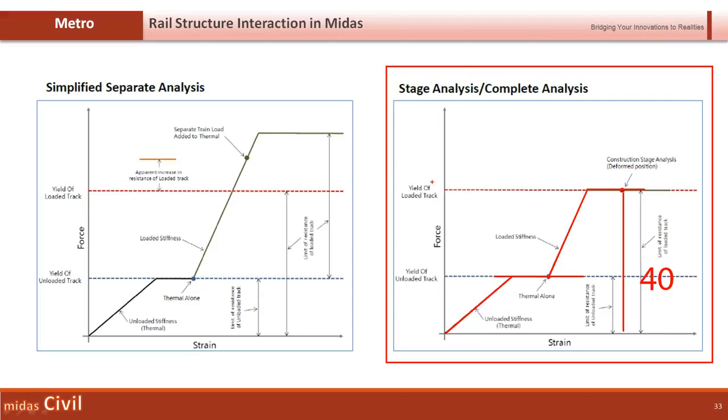So the horizontal resistance follows the loaded stiffness curve from the thermal alone point, but the limit will be from the origin to the limit of resistance of the loaded track. This can be properly simulated using construction stage analysis.